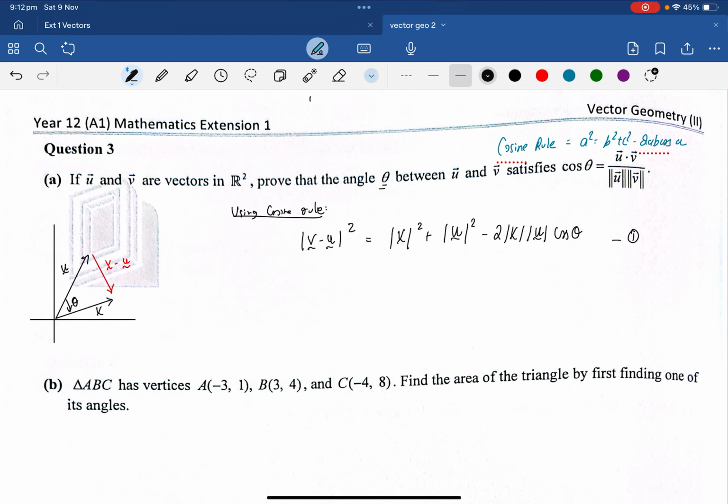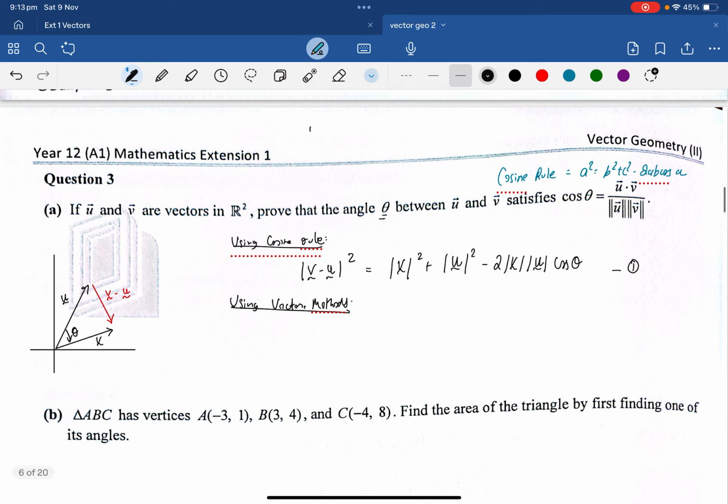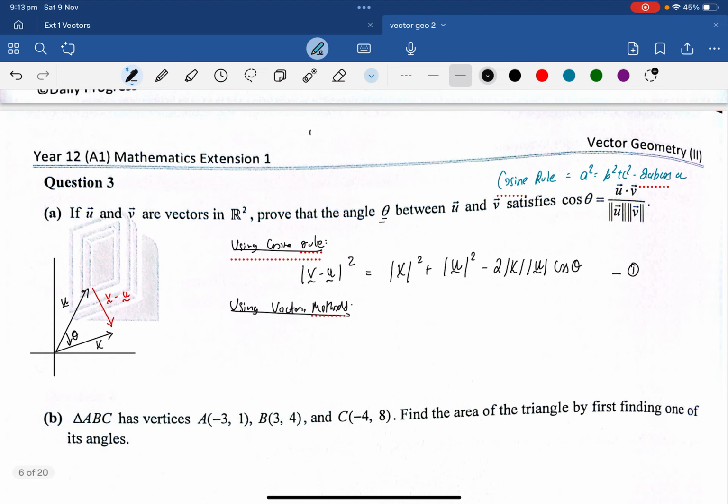Now, if you think about it more, these are vectors, so you can also go ahead and prove this using vector methods. Using vector methods, what you notice is that you can do vector v minus vector u, squared.